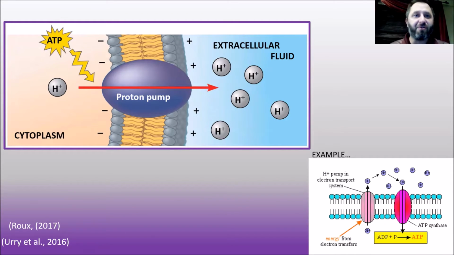So you've got a chemical force and you have an electrical force that's driving these, and referring to this as an electrogenic pump. What it's doing is it's a transport protein that's going to generate this voltage that's going to draw these positively charged ions towards this negative charge, and energy will be used either from ATP or an electron carrier to drive those hydrogen ions against a concentration gradient.